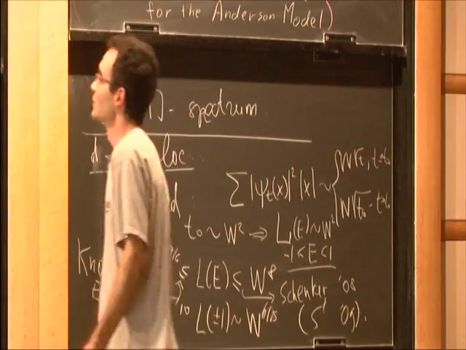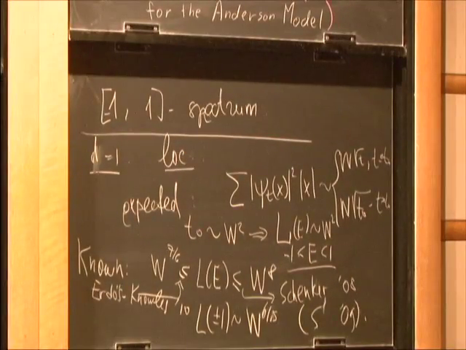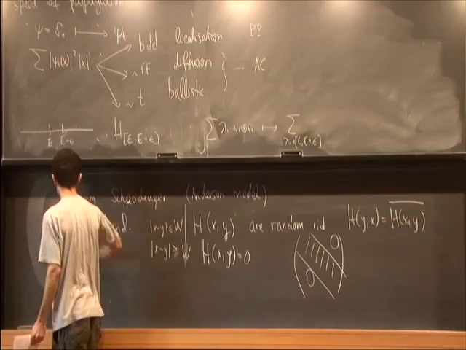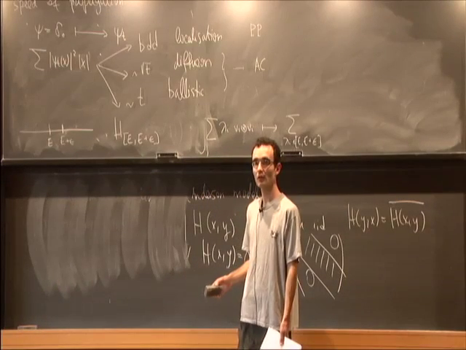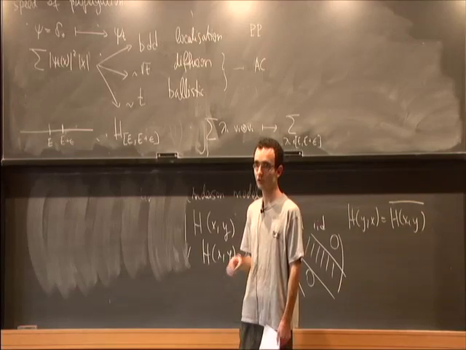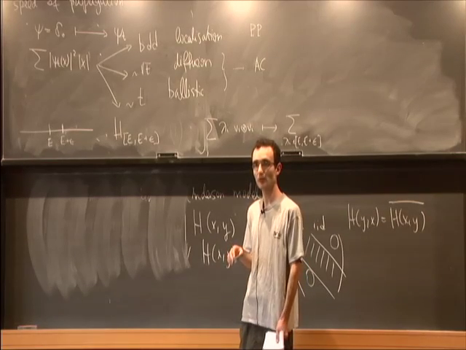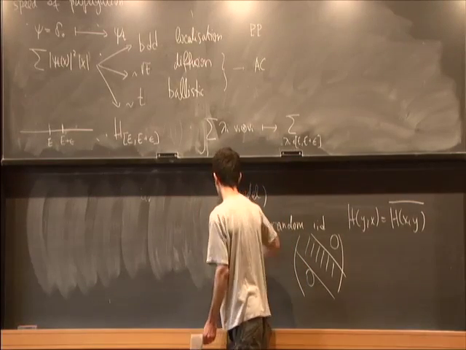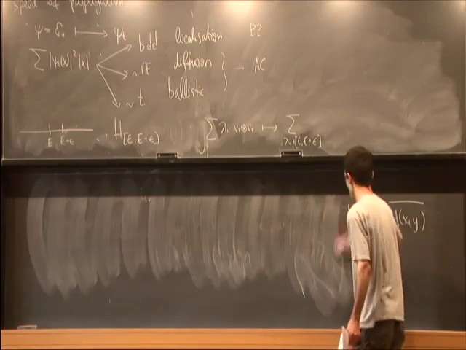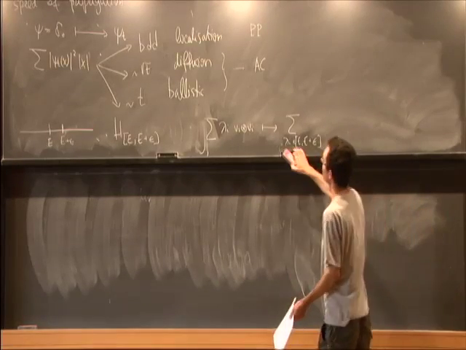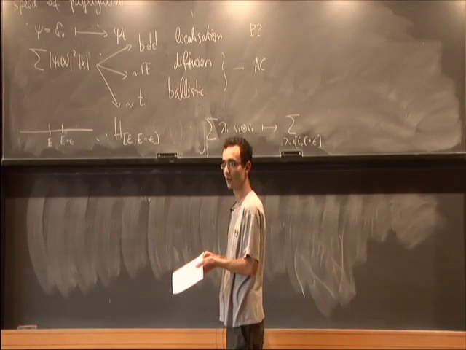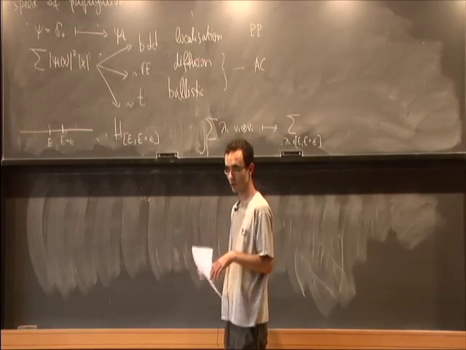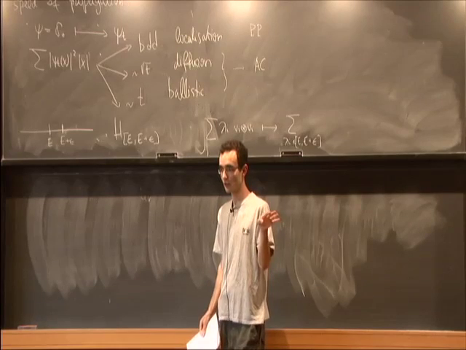Now let's pass to dimension 2 and 3. You said that H is random, so this means almost surely. It's not known even if the entries are Gaussian.